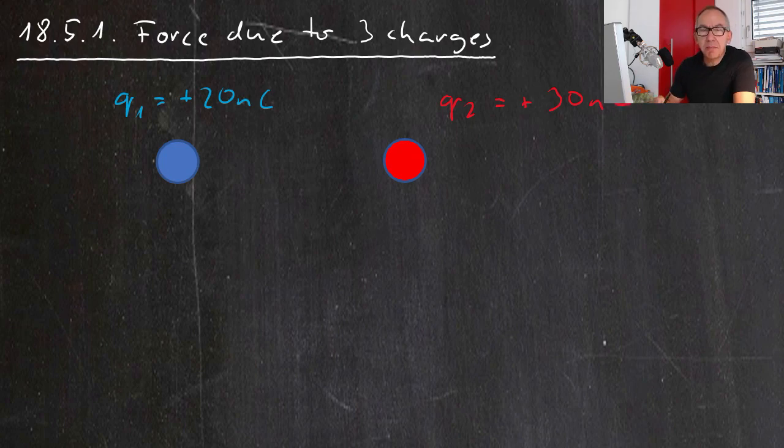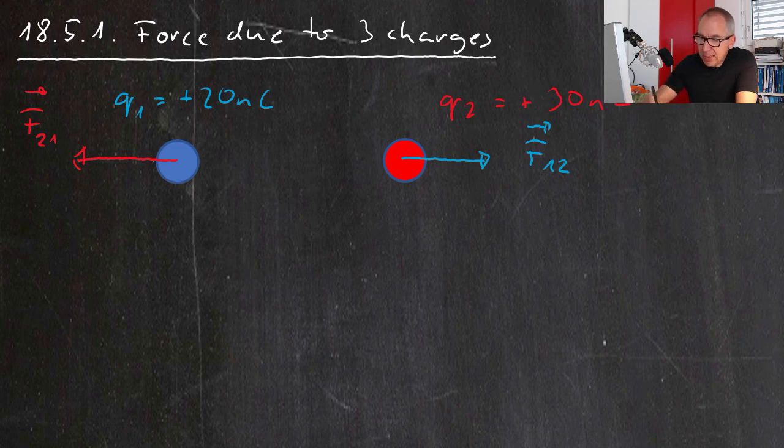So positive, positive, they are repelling, so the blue one will be pushed to the left with a certain force. I call this F2 on 1, and with the same magnitude but opposed, the red one will be pushed to the right, and I call this F1 on 2.